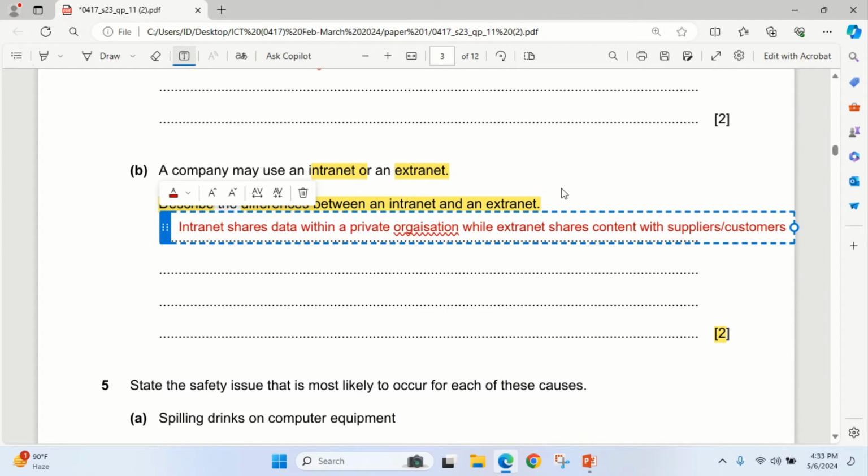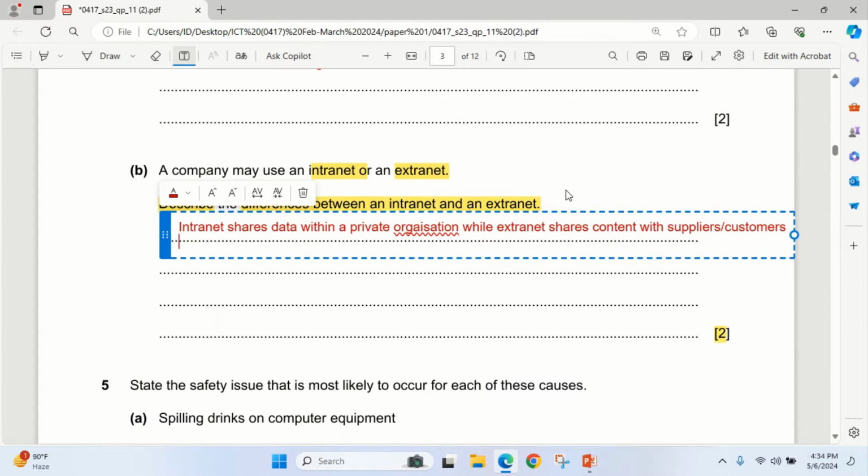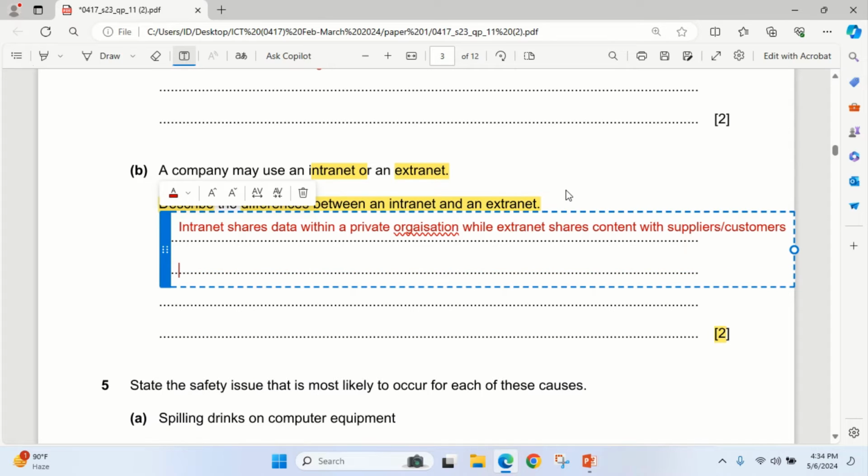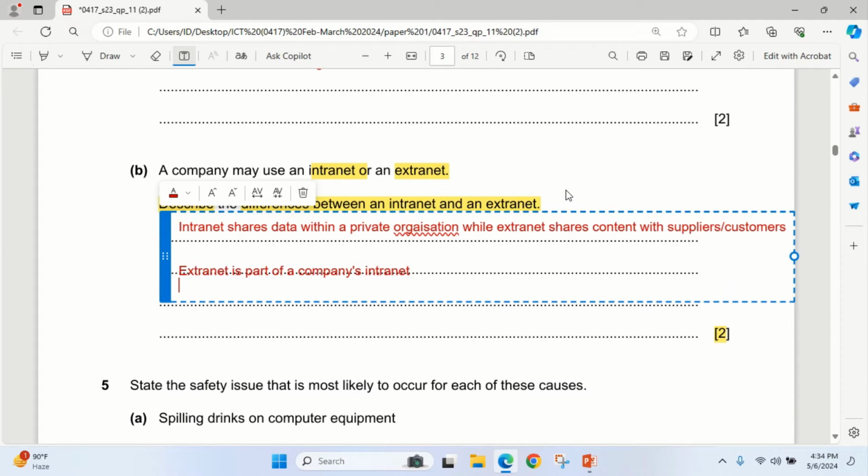Take note of that. Another thing you can say is that extranet is part of a company's intranet, and you can also say that extranet can lead to more security breaches.